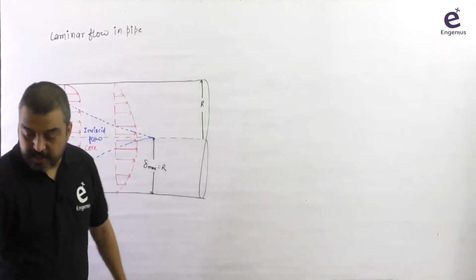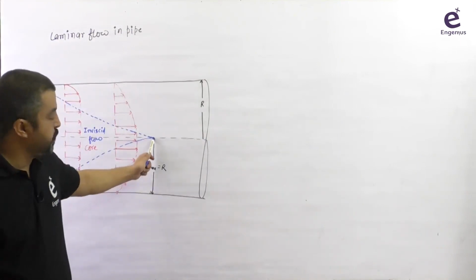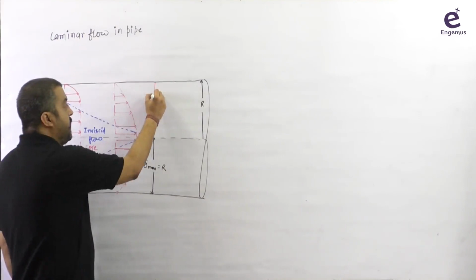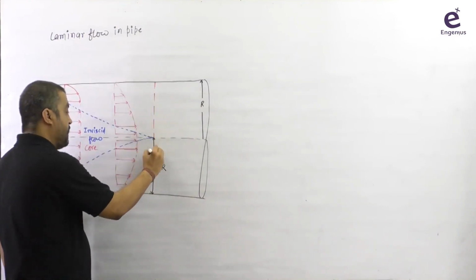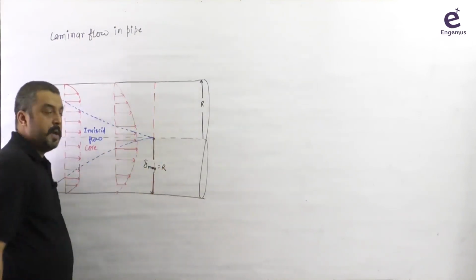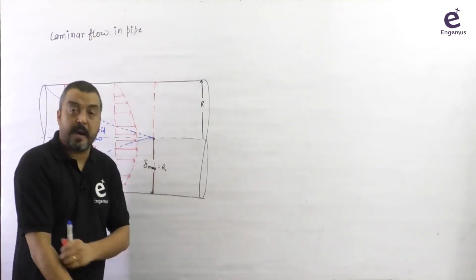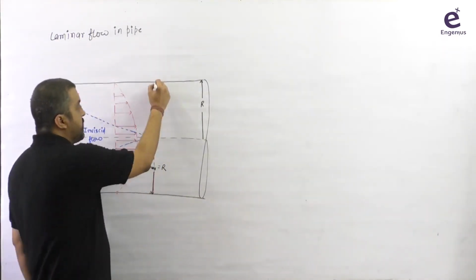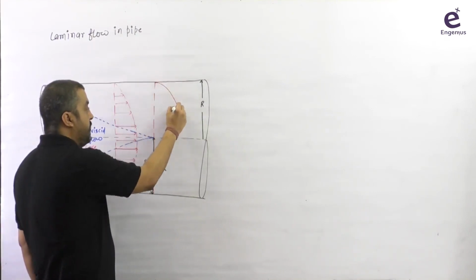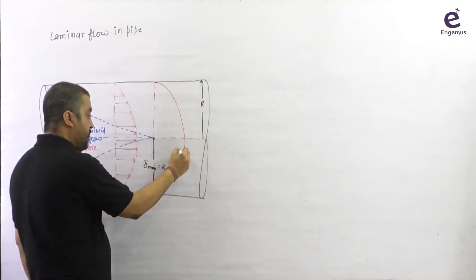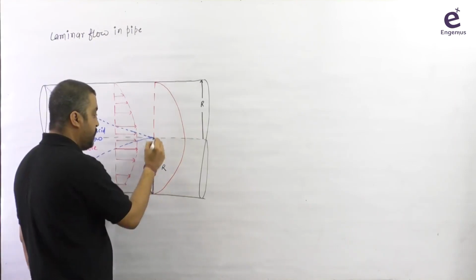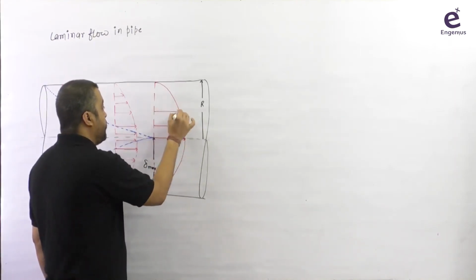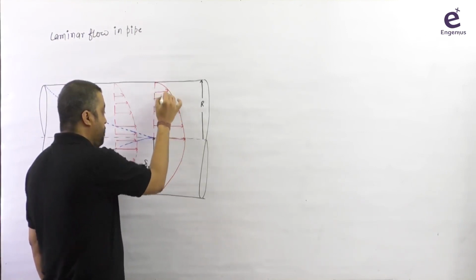Now you can clearly say that beyond this point, the complete fluid flow is under the influence of the boundary layer. अब पूरा का पूरा fluid flow का आपके पास में क्या हो गया? It is under the influence of boundary layer, and now there is a complete development, and here the profile will look like the one that we earlier discussed in case of Hagen-Poiseuille equations. That is the viscous flow or laminar flow in circular pipes.